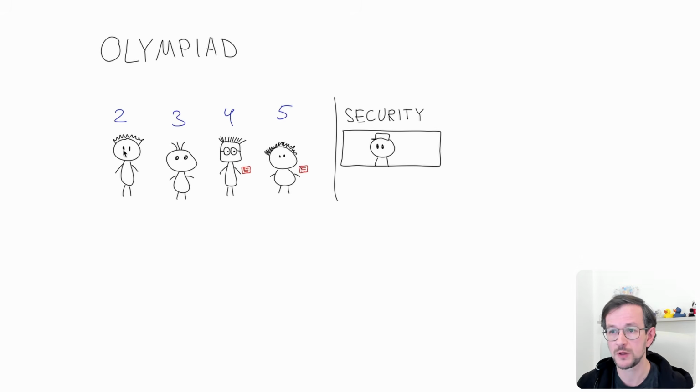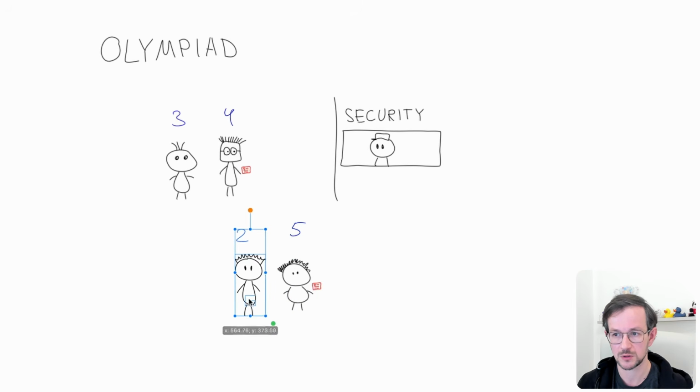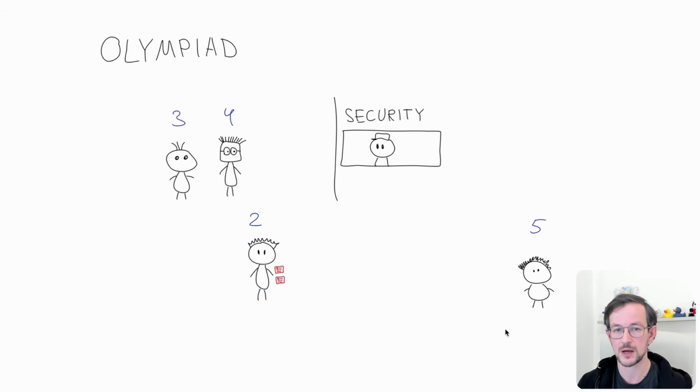Let's sort all the people by the time they need to spend passing the security and look at the slowest person. There are only two interesting ways to put this slowest person inside. The first way looks like this. We take the slow person and the fastest possible person, give them two badges, and they come inside. Then we give both badges to the fastest possible person and they come outside.